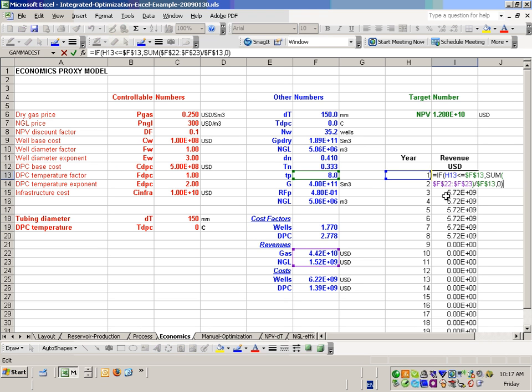What I say is that if the time of this year is less than or equal to the plateau period, then I provide the sum of these two, which is total revenues through the plateau, divided by the number of years of plateau. Kind of divide up the total revenue into annual pieces.